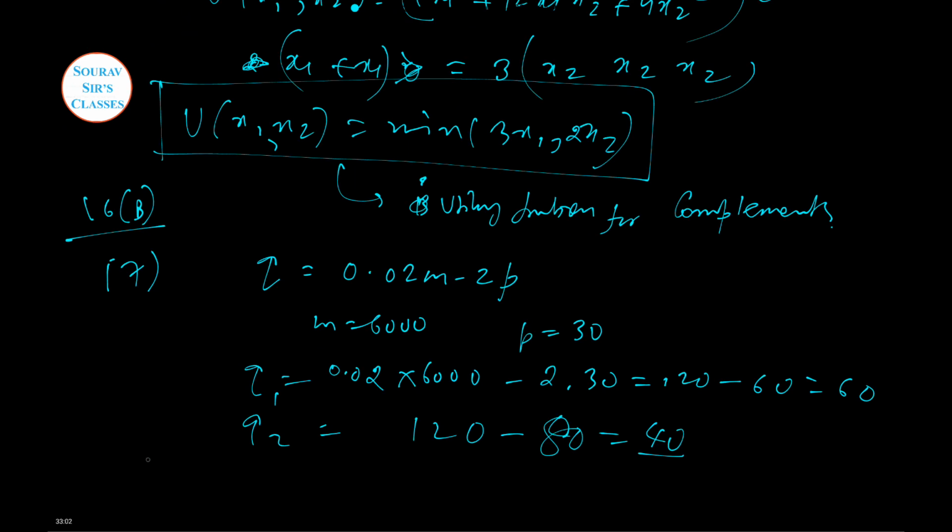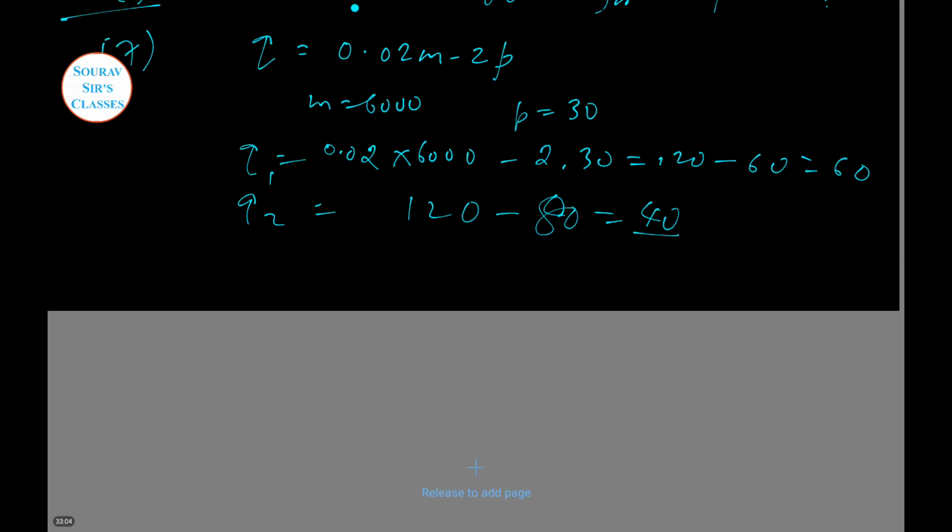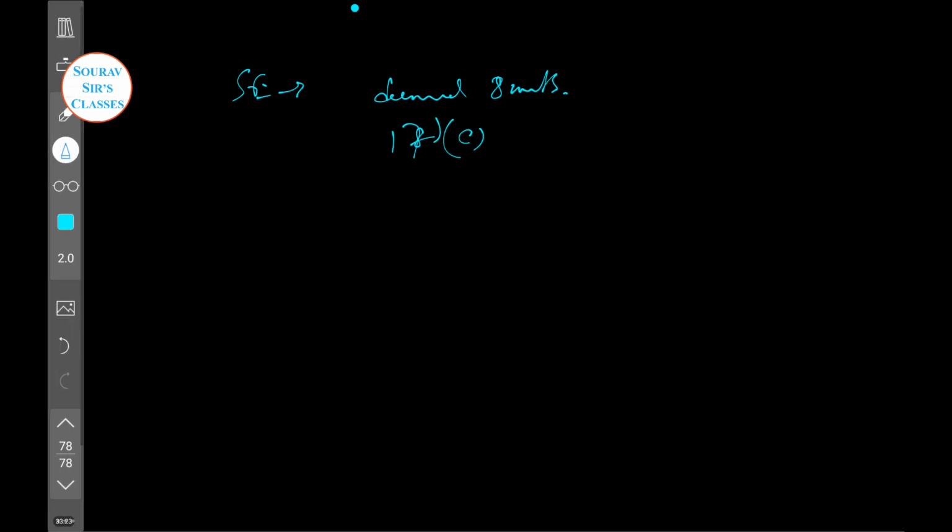You can calculate this: the income effect is actually 20, but the substitution effect will lead to the fall, and ultimately demand will fall by 8 units. So simply for 17 the option goes for C. Now we are proceeding to question number 18.